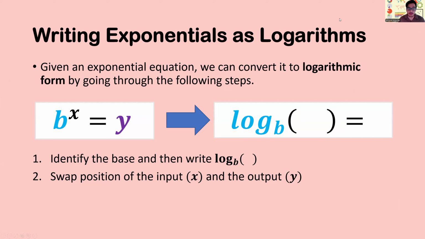Because exponential functions and logarithmic functions are inverses of each other, if we simply switch the position of the x and the y values here, then that's how we can figure out what goes in the parentheses and what goes on the other side of the equal sign, because we should have log base b of y is equal to x.